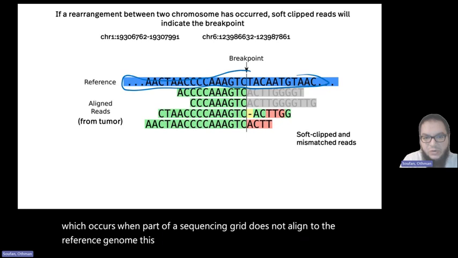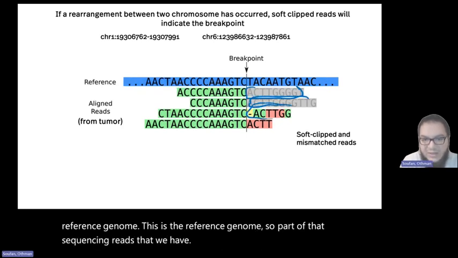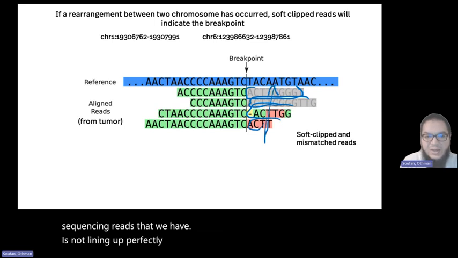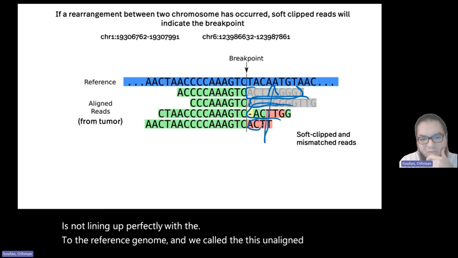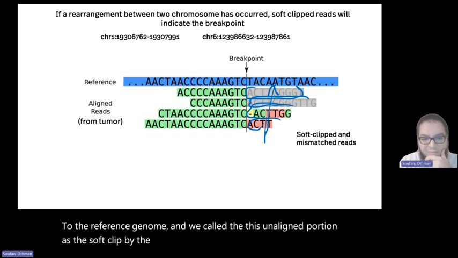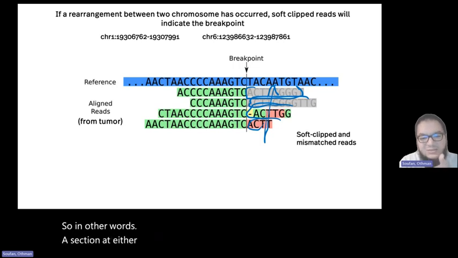This is the reference genome, so part of that sequencing read is not lining up perfectly to the reference genome. We call this unaligned portion the soft clip by the alignment algorithm. In other words, a section at either end does not align to the sequence.